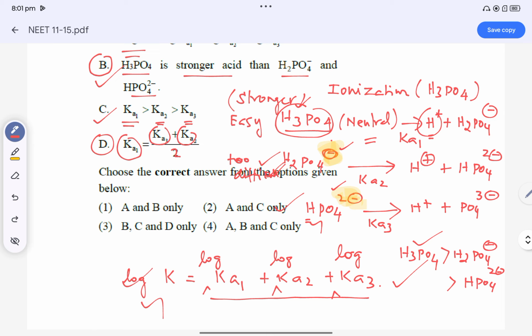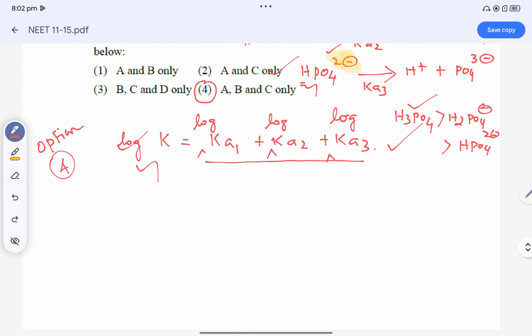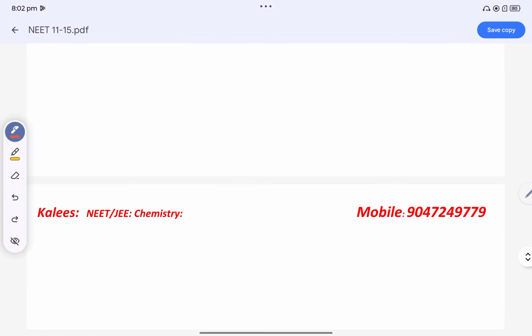This is absolutely wrong. So I am taking which one is going to be correct. Option 4 will be the correct answer. Do you understand? Option 4 will be the correct answer. This is the most important question. Are you understanding my classes well? Okay, thank you, my dear students.